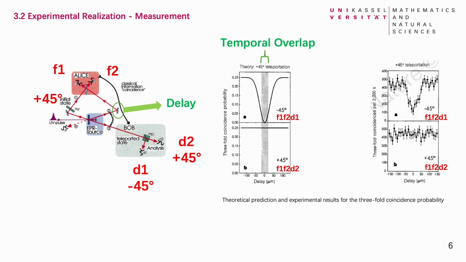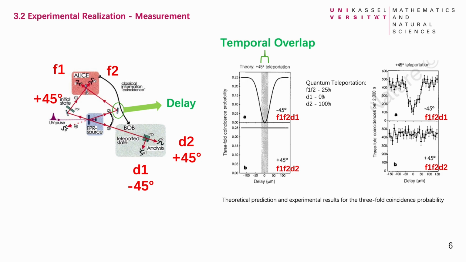The green part in the theoretical pictures in the middle means quantum interference occurs, and the photons are in the region of temporal overlap. When quantum teleportation happens, the probability of F1, F2 clicks is 25% because of the 25% Psi minus Bell state.